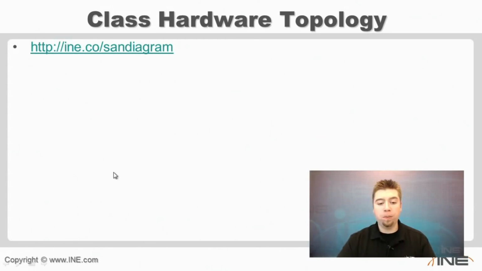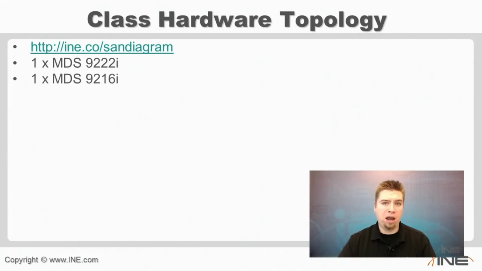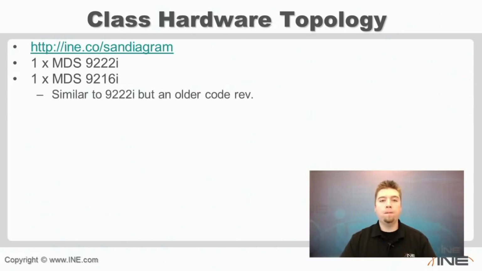So the first switch is an MDS 9222i, which is the one that's in the hardware spec at the exam. The second one is actually a 9216i, which is pretty close to the 9222, except it runs a little bit older code revision. Now, from our functionality point of view, since this is not really CCIE Storage, we don't need to go through every single possible feature of MDS with a fine-tooth comb.